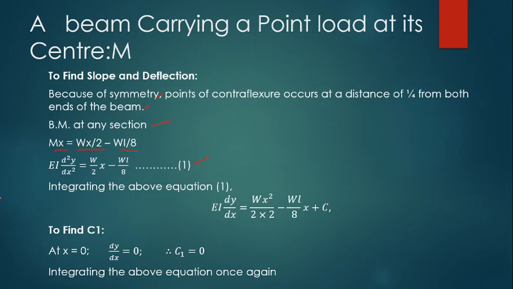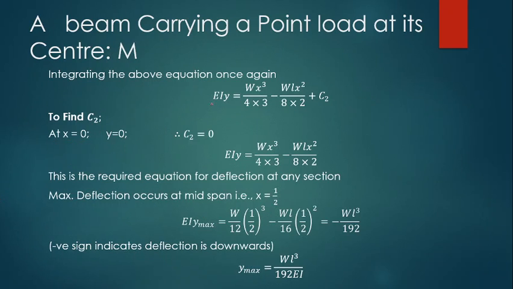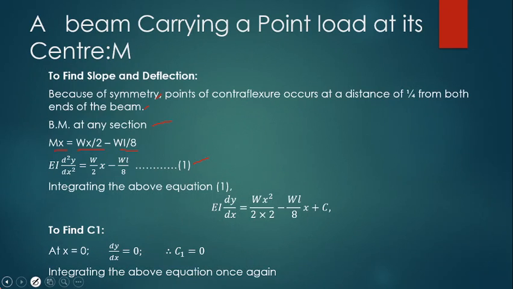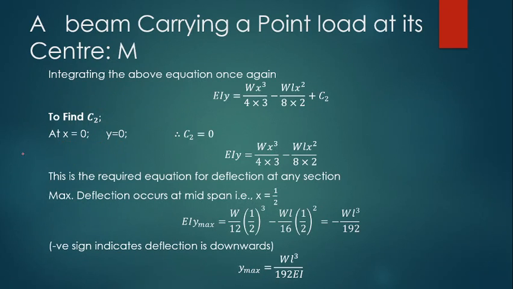Integrating the same equation once again, you will get EIy is equal to W x cube by 4 into 3, minus WL x square by 8 into 2, plus C2, as C1 is equal to 0, we already got. Again applying boundary conditions to calculate C2, we know at both of the supports, apart from the slope, deflection is also 0. That means at x is equal to 0, y is equal to 0.